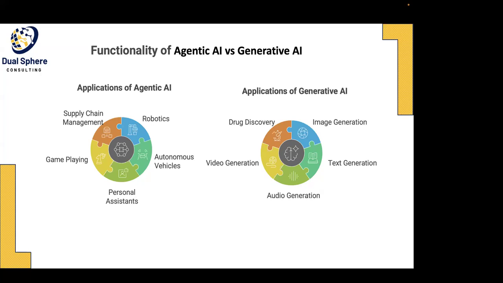Okay. Autonomous vehicles, I don't know. I am still apprehensive of sitting in a Tesla where no one is sitting on the driving seat. But I don't know. They act as your personal assistant, booking your appointments. You can play chess with them, right? And supply chain management, I see them day in and day out at various conferences, how they are taking the load.